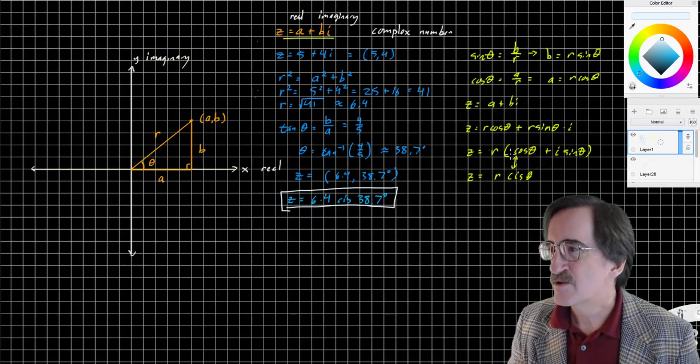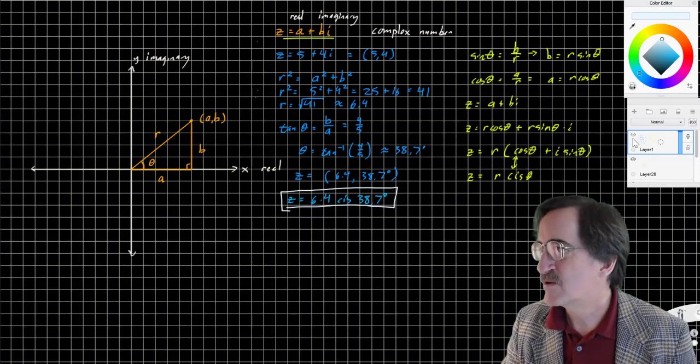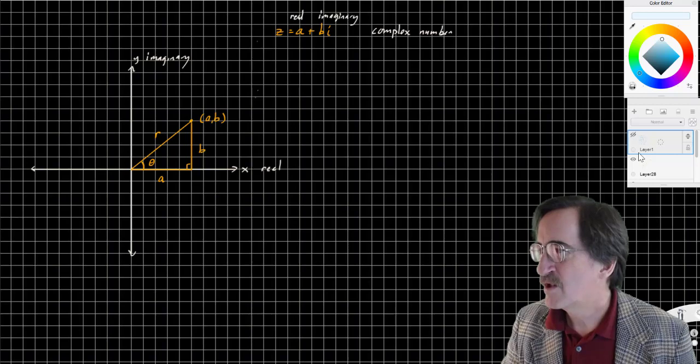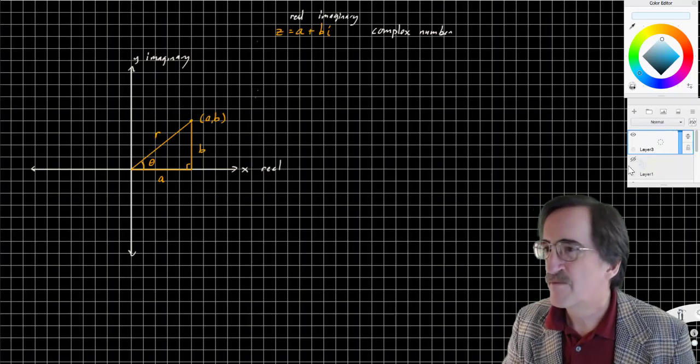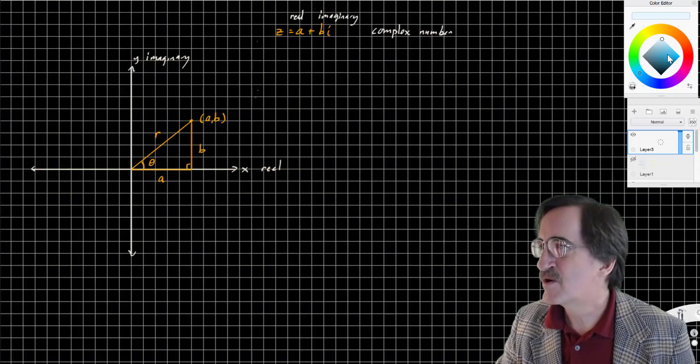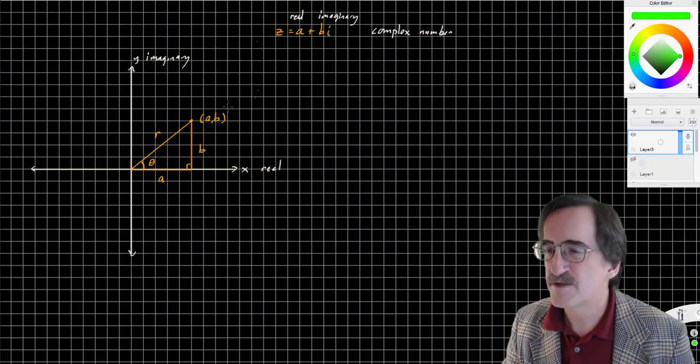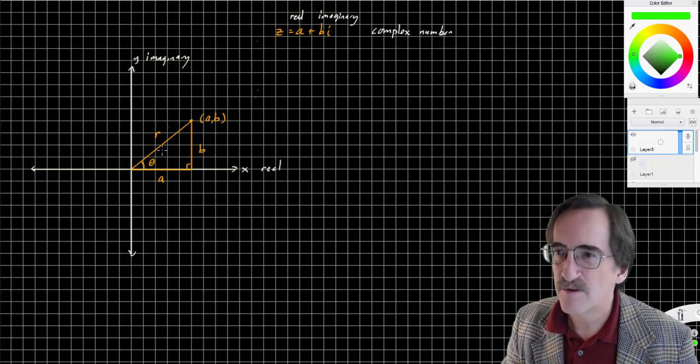Let me delete this layer and add a new layer. Let's say we happen to know r and theta, and we'll disregard the grid here. Let's say that r is 5 and theta is 36 degrees.